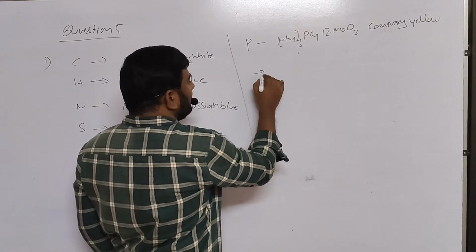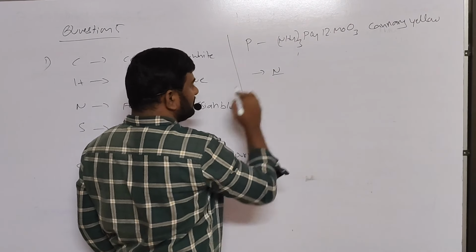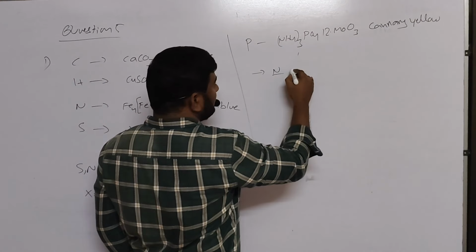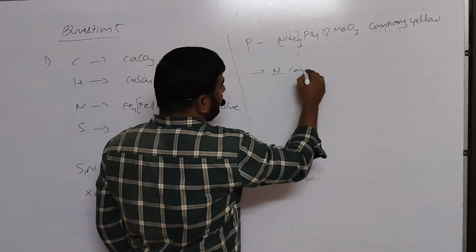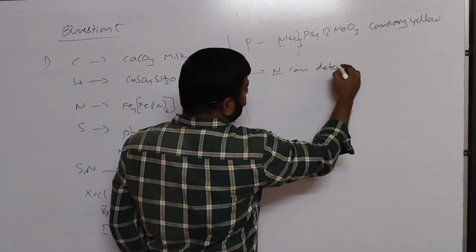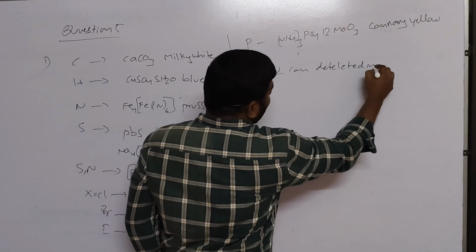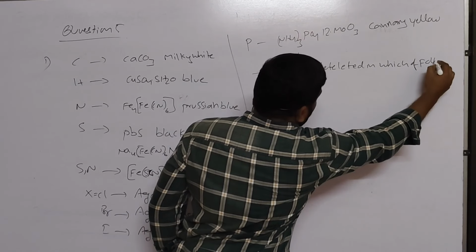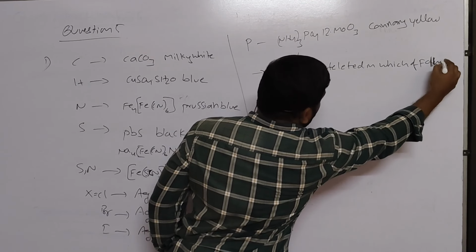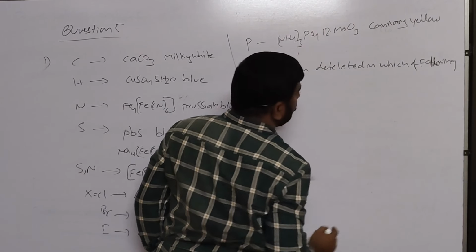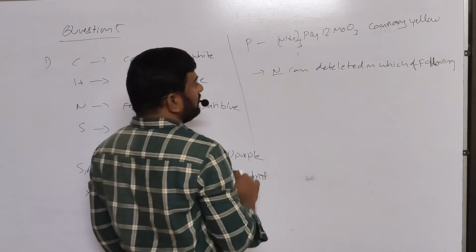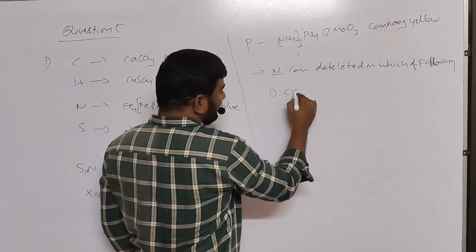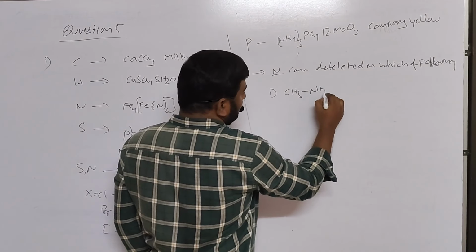Next, in the case of nitrogen, a few questions they will ask. They are very important. In which of the following can nitrogen be detected? First option, CH3NH2.